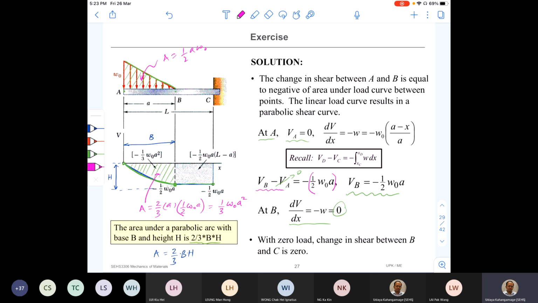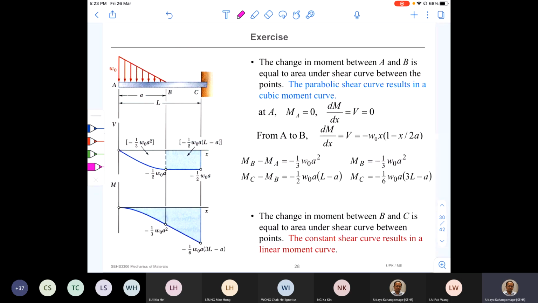But it's below x-axis, so it's a negative area, right? So that is why there's a negative sign here. That's the area. And next we need the area for the rectangular portion here. It is EC minus half WOA into this length, this L minus A. Okay, so then we get again negative area. So we know the areas of two portions, and now we can construct our bending moment diagram using these values.